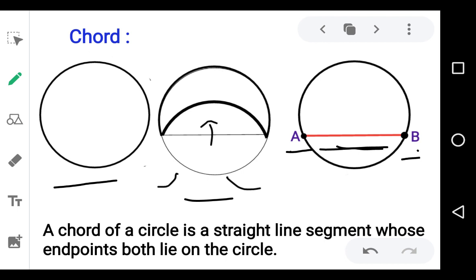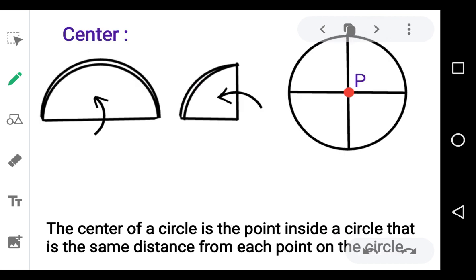Now we see the next part of a circle. For this we take another paper of circular shape. First fold it into half and again fold it into a quarter as shown in the picture. After we unfold the paper, we see again a circular shape and two tracing lines meeting at a common point.